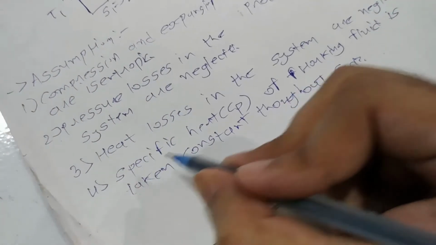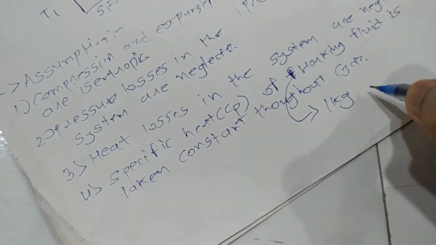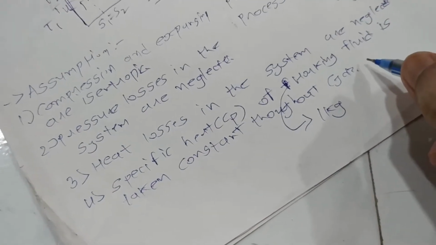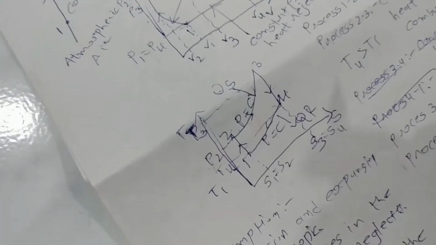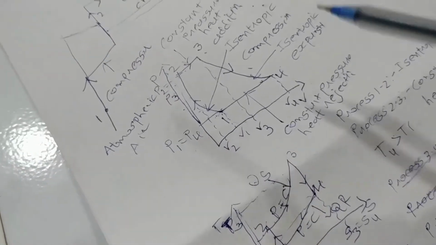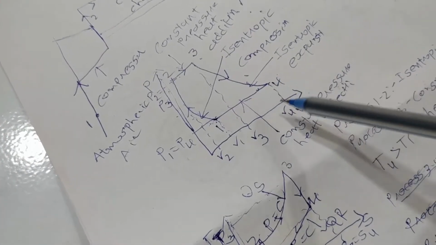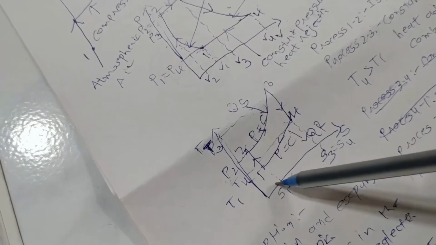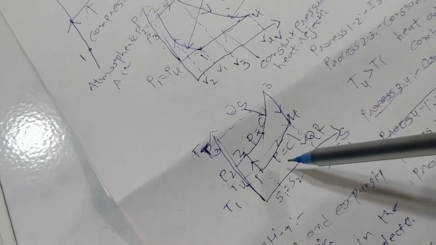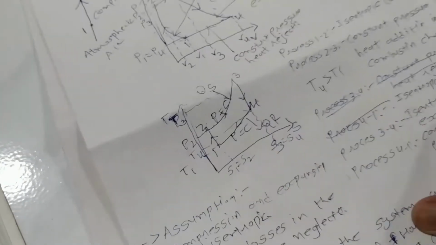And we have to take this working fluid as 1 kg. So first I will take a look at constant pressure heat addition and constant pressure heat rejection, which are process 2 to 3 and 1 to 4. Both these processes are constant pressure. I will turn the page.